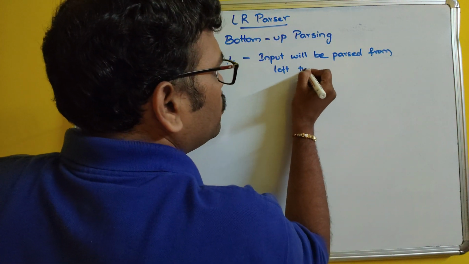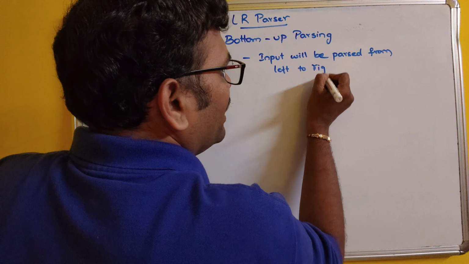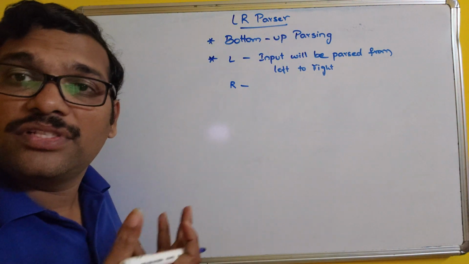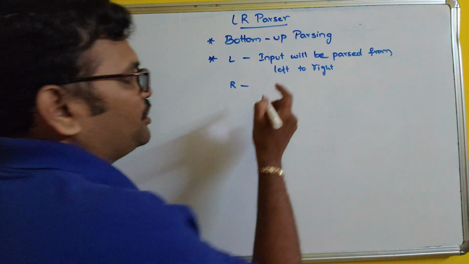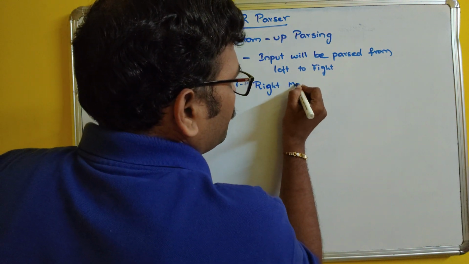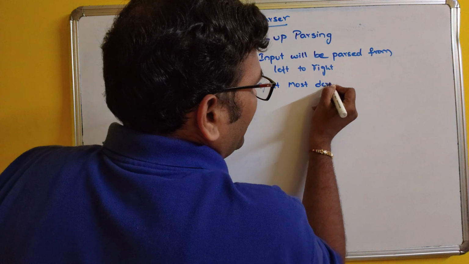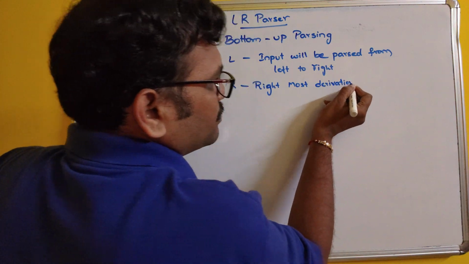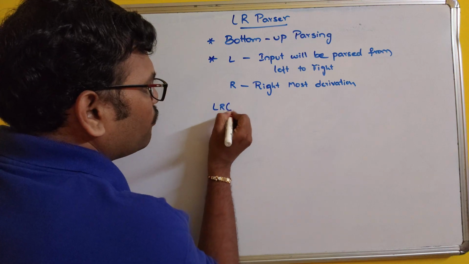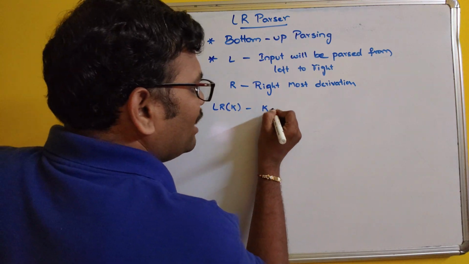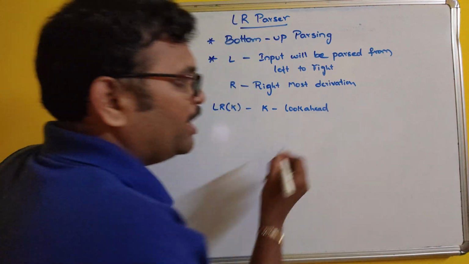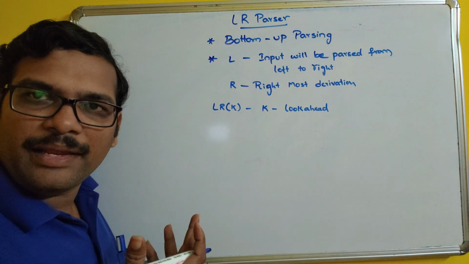And R stands for the rightmost derivation. Also, we have LR of K, where K is the lookahead, that is, how many symbols will be parsed at a time.